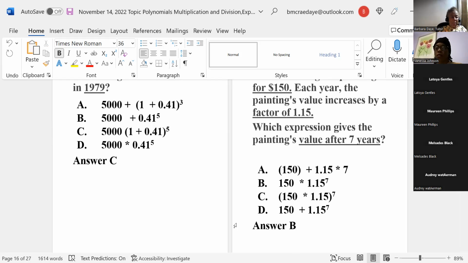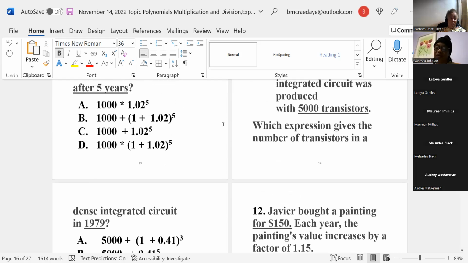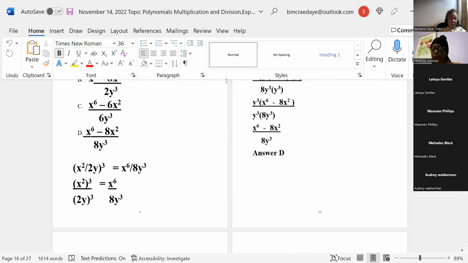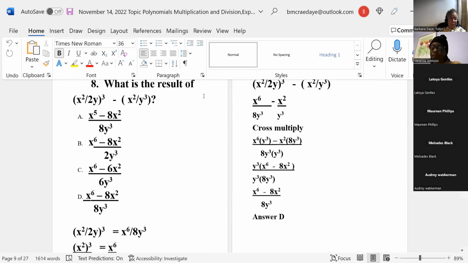All right, so we'll end here unless there are any questions. Any questions on anything we've gone over? So your next homework will be on what? Exponents. Make sure you look at the exponent rules and that you understand how to apply them. Let's go back up here because I've given it to you in a couple of problems.